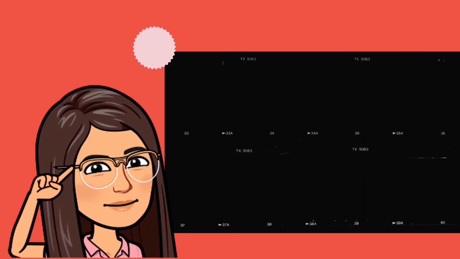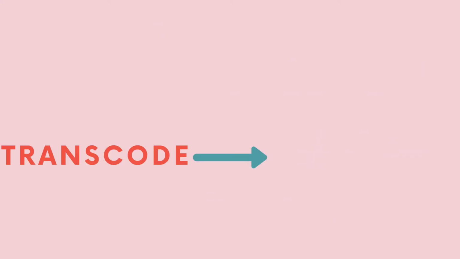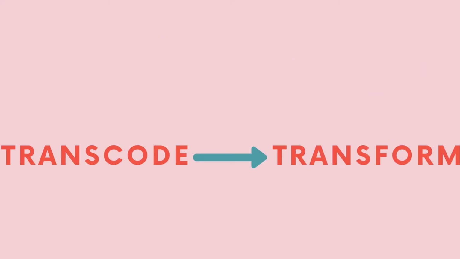Aside from knowing the examples, it is also important to know how to transcode linear to nonlinear text and vice versa. So come on, let us know more about this one. To transcode means to transform something from one form to another.